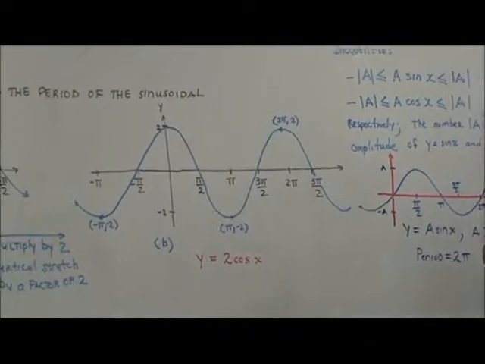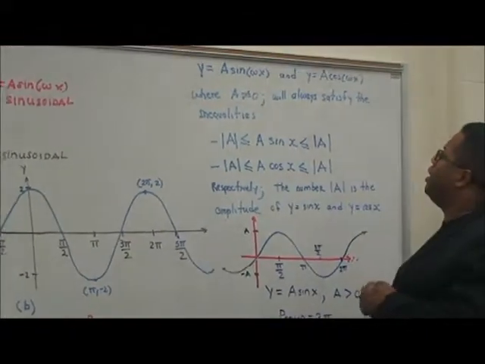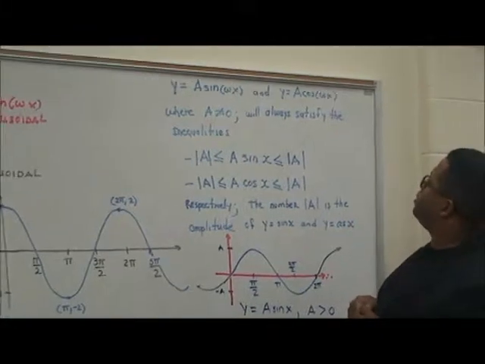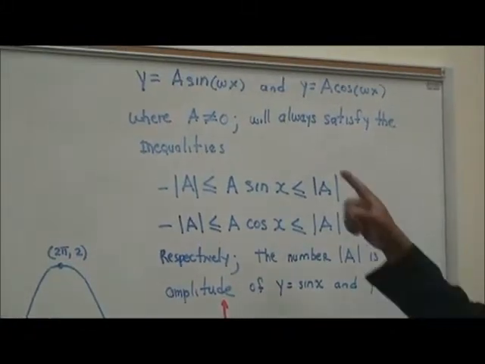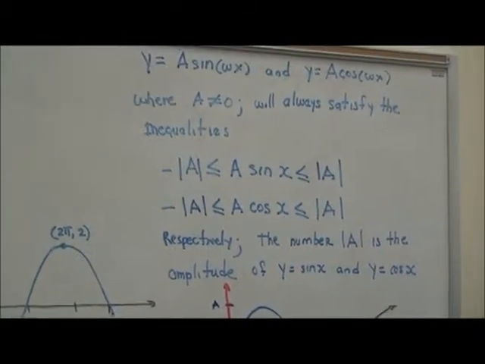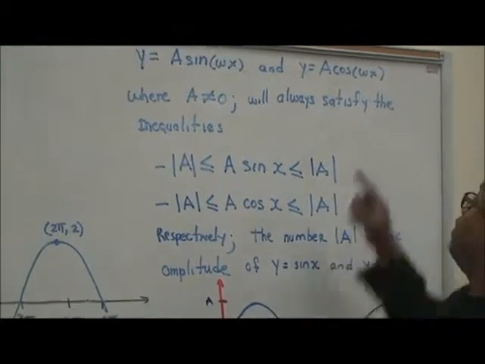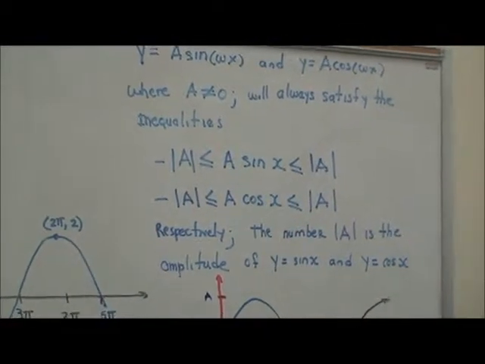Now, we can say that y equals a times sine omega x, and y equals a times cosine omega x, where a cannot equal 0 in this particular case.